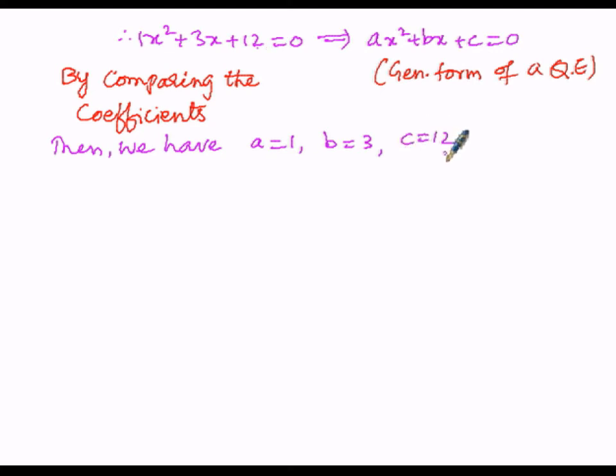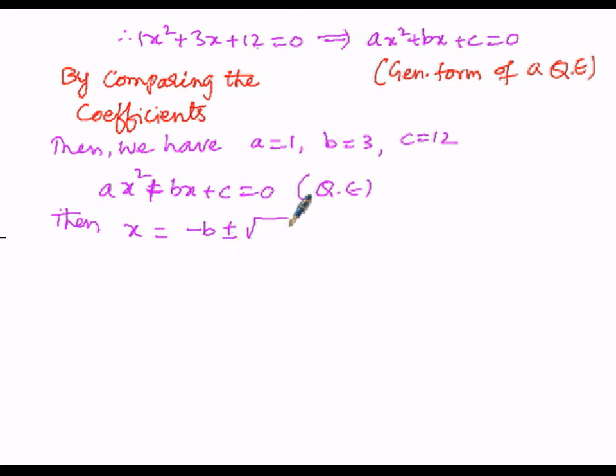Then we will be getting two values of x. When ax square plus bx plus c equals 0 is a quadratic equation, x is given by the formula minus b plus or minus root of b square minus 4ac divided by 2a.